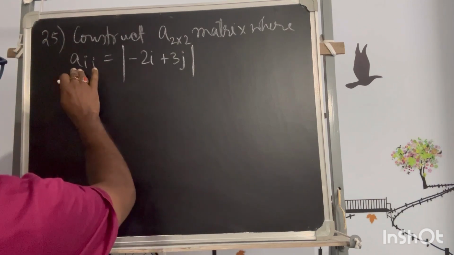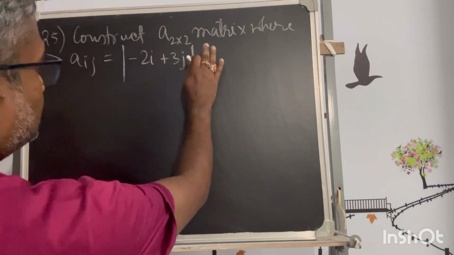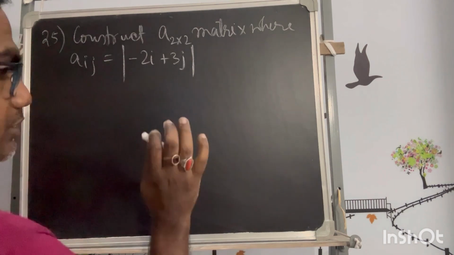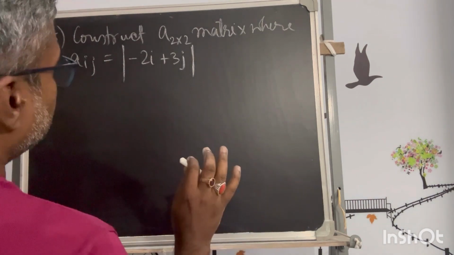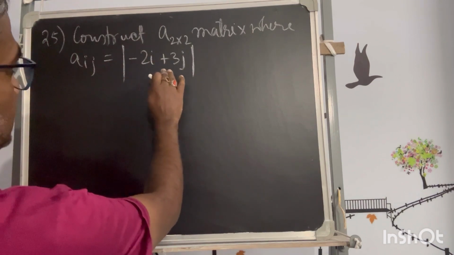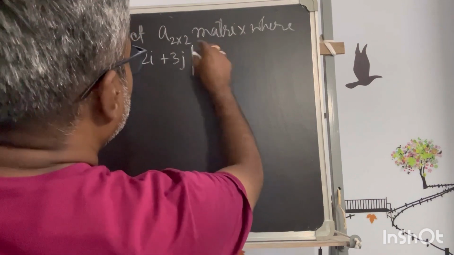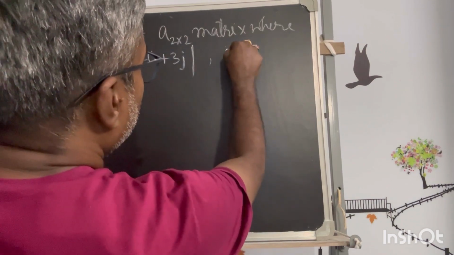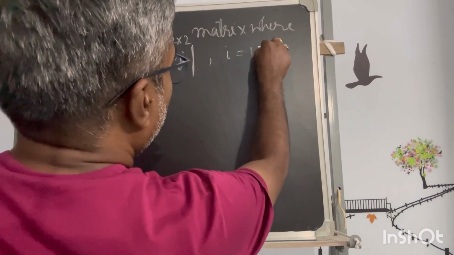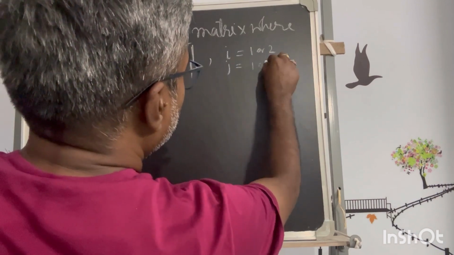Definitely the value will vary with the values of i and j. Whatever value comes, we have to take the positive of that, meaning mod represents only the numerical value without any sign significance. So even if I find minus inside, I will take plus. Plus is already plus. And the second thing is that as it is 2 cross 2, i cannot be a fraction, so i will be 1 or 2, and j will also be 1 or 2.